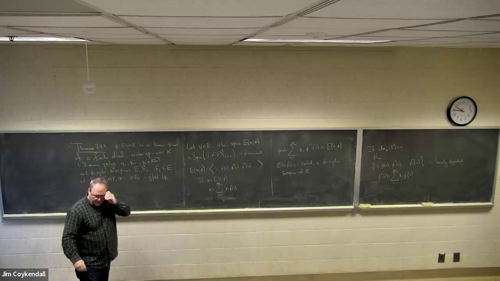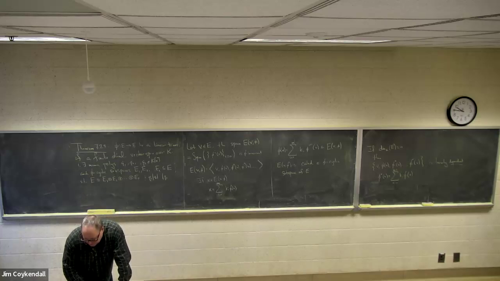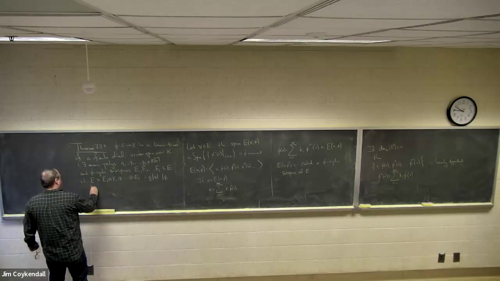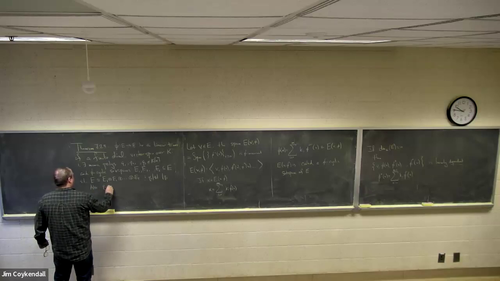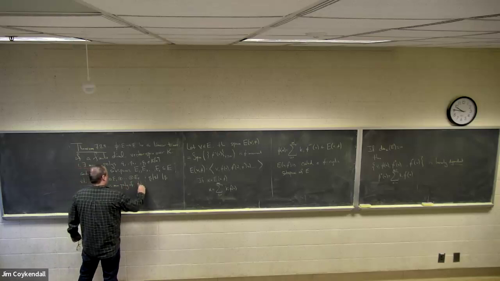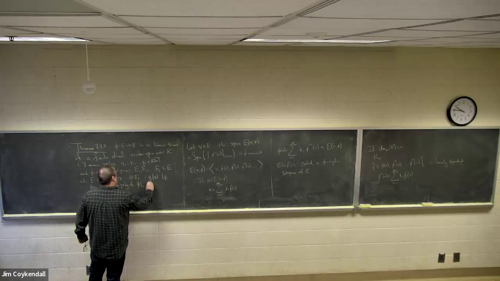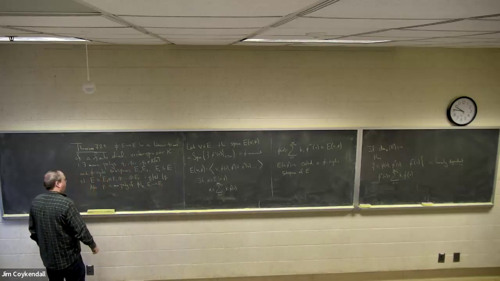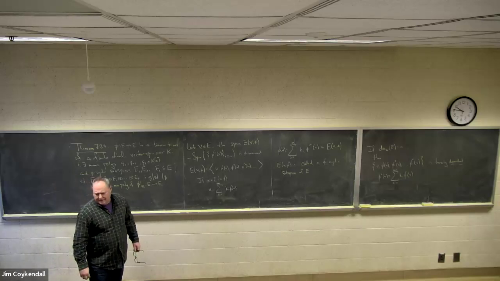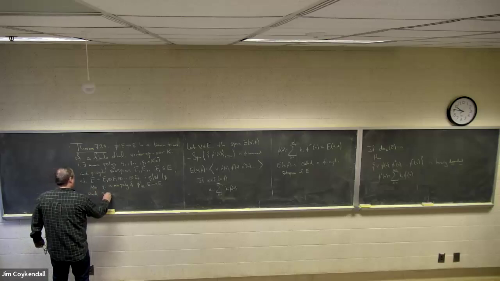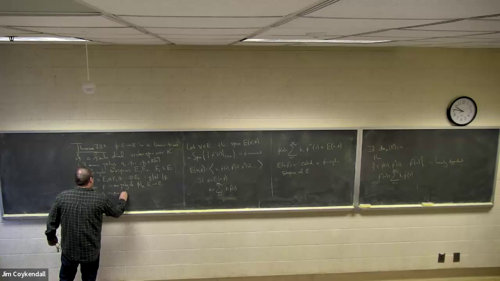Furthermore, Qi is the minimal polynomial of phi restricted to Ei, and Qt is the minimal polynomial of phi.